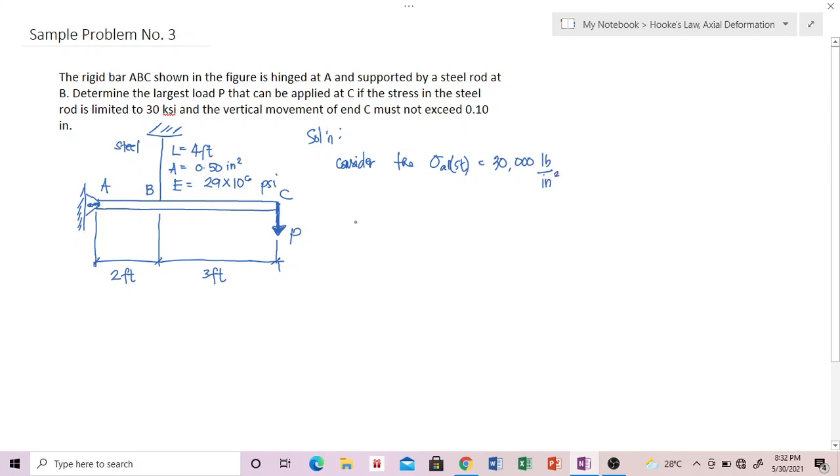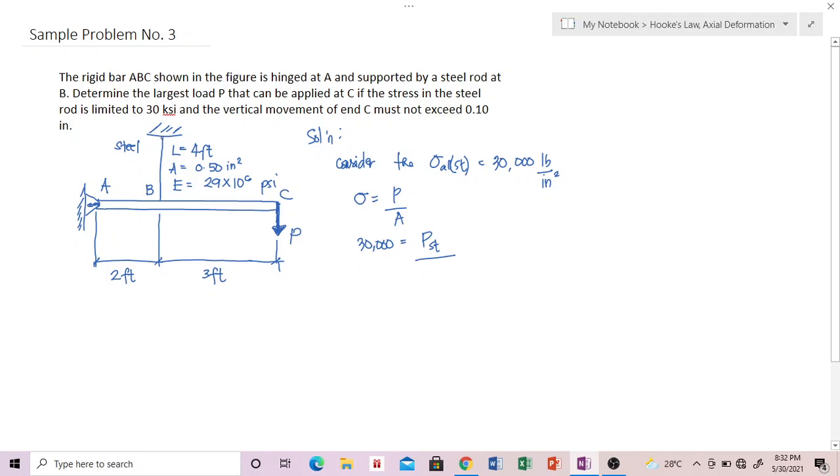From the previous lesson on stress, stress is equivalent to force per unit area. So applying this equation in this problem, we have the allowable stress for steel, which is equivalent to 30,000, and that is equivalent to P steel over its cross-sectional area.